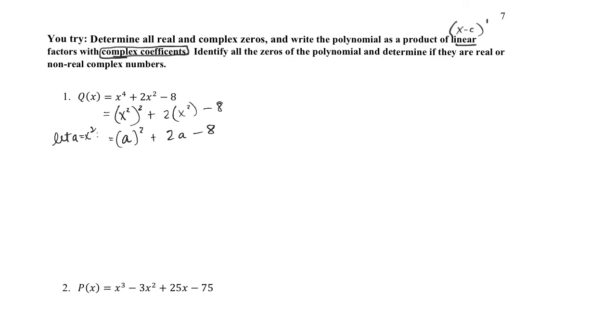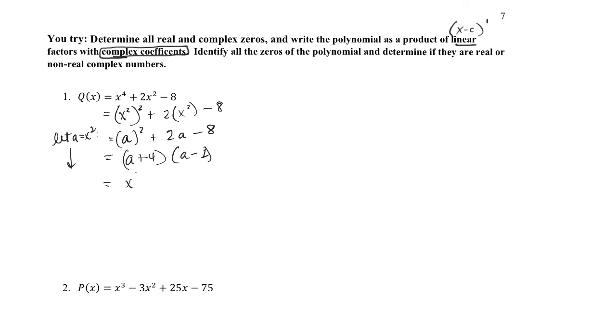Now that you should definitely recognize that's a quadratic. That can be factored, and factored really pretty easily. So this factors to a plus 4 times a minus 2. Now that we've got our factors, we need to go back because we know it's not really a that's in the problem, it's x squared. So we're going to go back and undo our substitution.